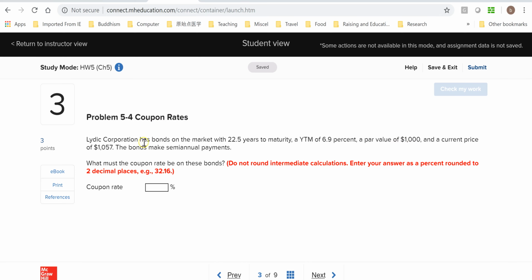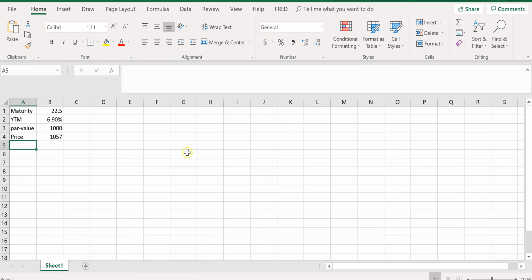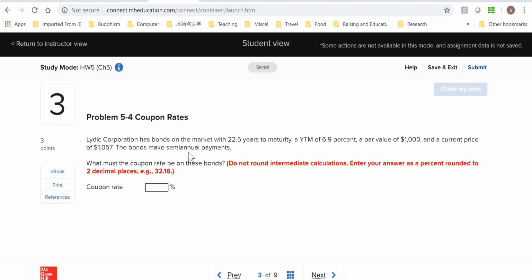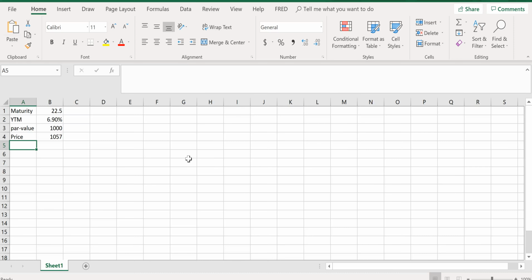We are told the bonds make semi-annual payments. So this means that we need to work with semi-annual variables for every variable here. Maturity is in years, so we need to convert this into the number of semi-annual periods by multiplying by 2, right?